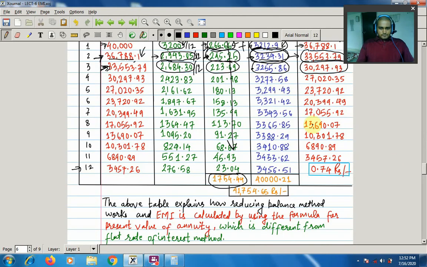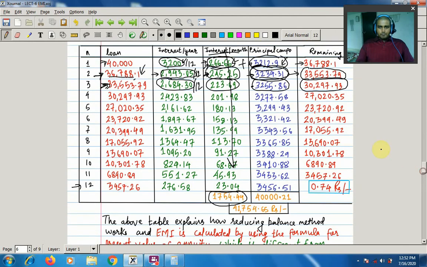And just by paying this amount on 40,000, how much you are paying in total, just add all these, you will get 40,000.21 paisa. So there is an error of 21 paisa, and according to my calculation, the remaining amount is 74 paisa left for me to pay to the bank.